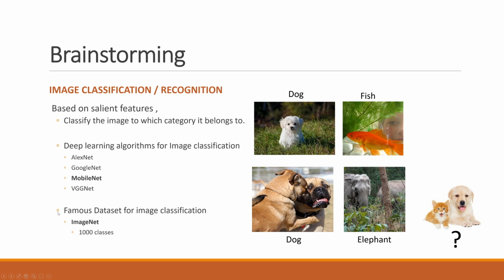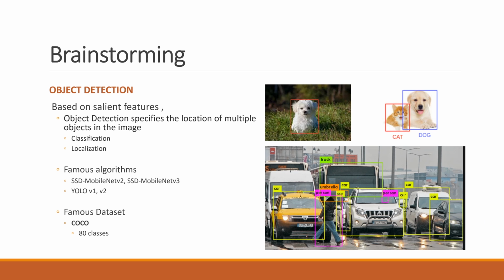The famous dataset used for image classification is ImageNet, which contains 1000 classes. However, for object detection, the famous dataset is COCO, having 80 classes. As you can see, object detection is basically a combination of classification and localization.